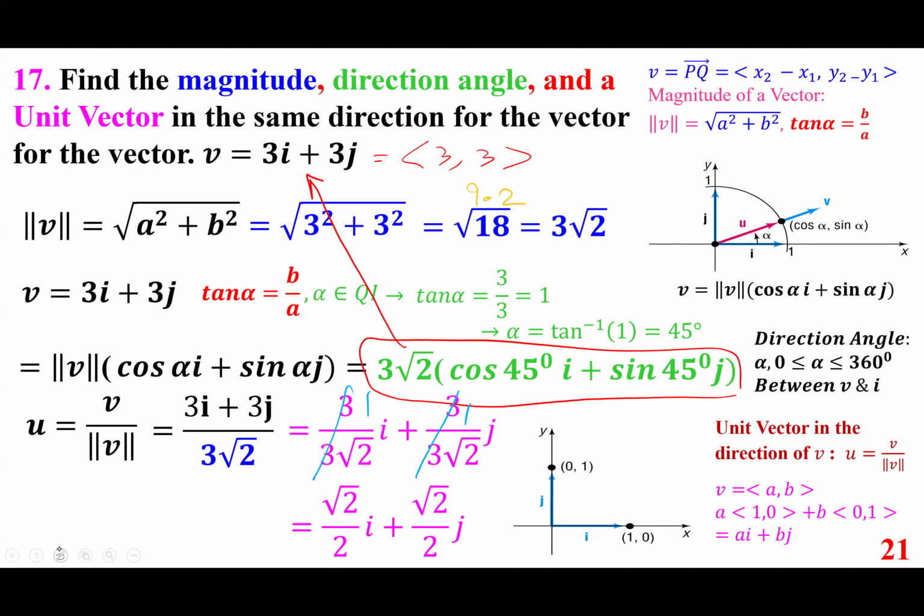So we get square root of 2 over 2 i plus square root of 2 over 2 j. And by the way, to prove it's a unit vector, just square this one, square this one. This is a squared, this is b squared, must become 1. So basically, this is in the same direction as this one, but has a specific magnitude, which is 1.